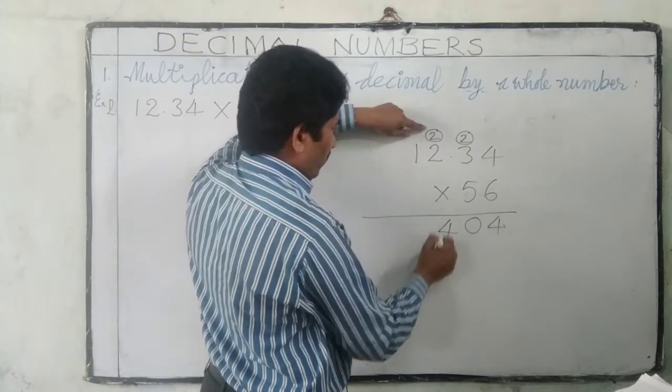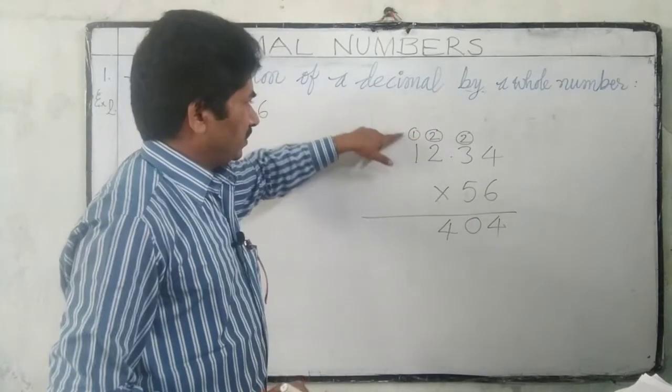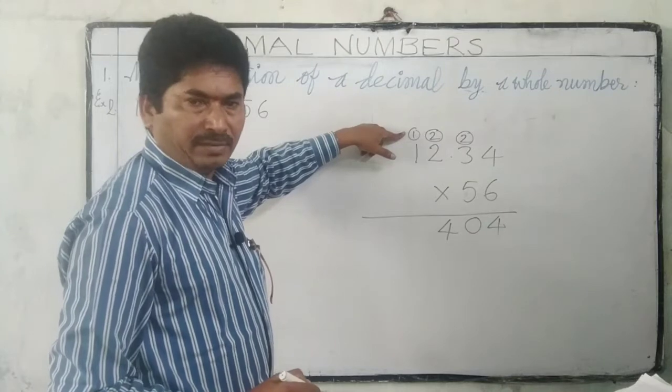Here 4, 1 carry. 6 ones are 6, 6 plus 1, 7.